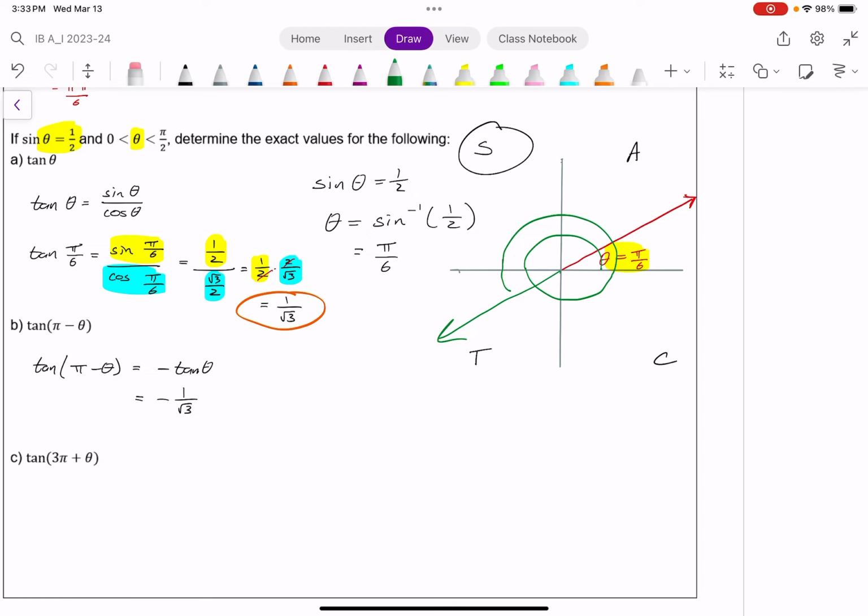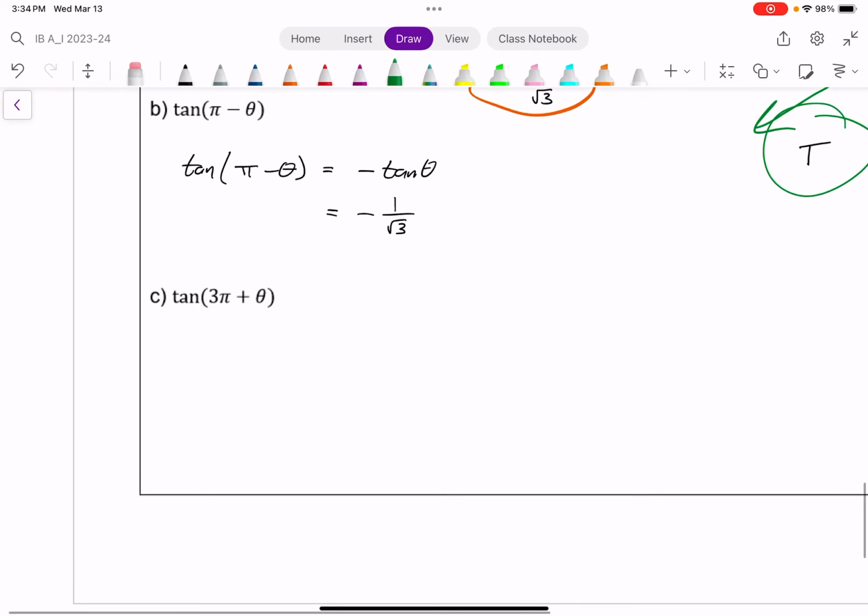That's what's being described, 3 pi plus theta. And once again, I have a reflection. I'm just in the opposite quadrant. And this time, I'm in a quadrant in which tangent is positive, which means the value of 3 pi plus pi over 6 will be identical to this. It'll be positive 1 over root 3. So this will equal the exact same as the tangent of theta, which we've seen is 1 over root 3.